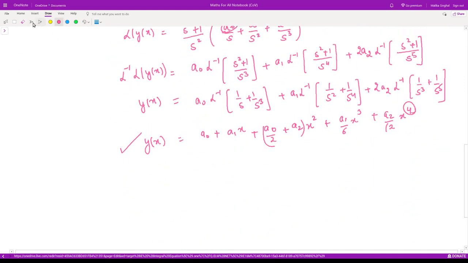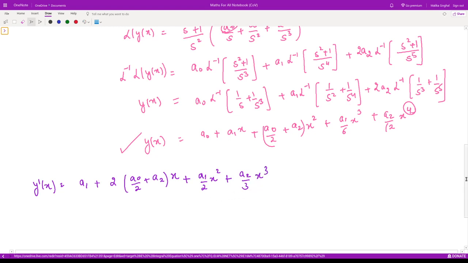We have this y of x with us. So what would be y dash of x? That would be a1 plus 2 times a naught by 2 plus a2 into x plus a1 by 2 x square and a2 by 3 x cube, right?